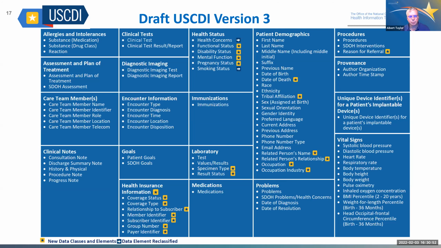The new data elements that were proposed for draft V3, the related person name and relationship, could go a long way toward helping. That can be used to represent family health history, at least the person part, not the history part, to help identify which family member this history is related to.